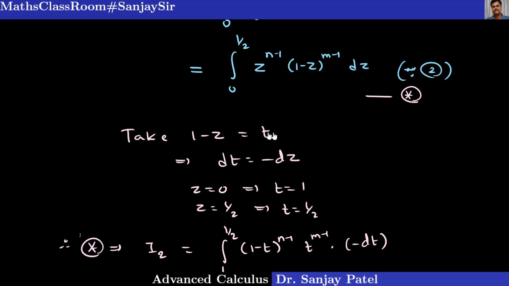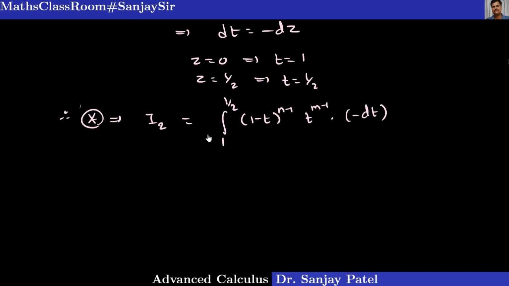Just putting all these values in this integral star, we will get this expression for I2. This I2 I can rewrite as integral 1 by 2 to 1, by removing this negative sign, t raised to m minus 1 into 1 minus t raised to n minus 1 dt.